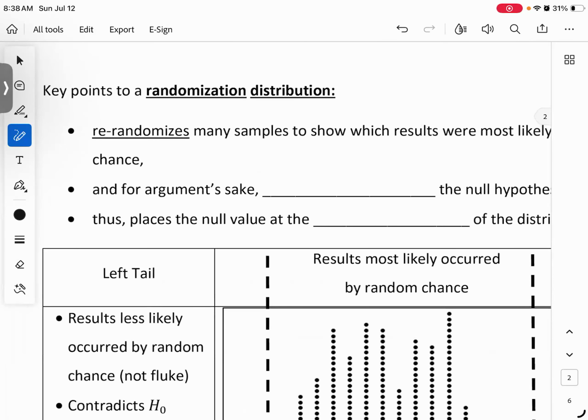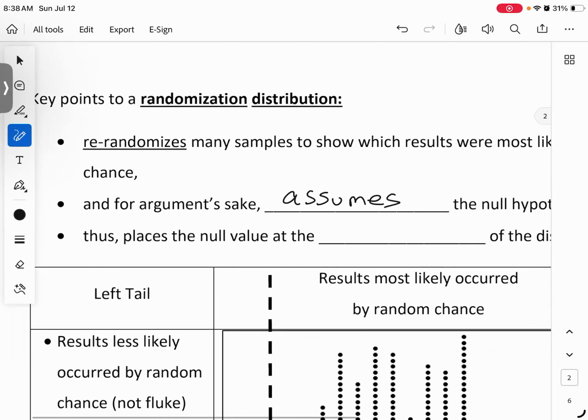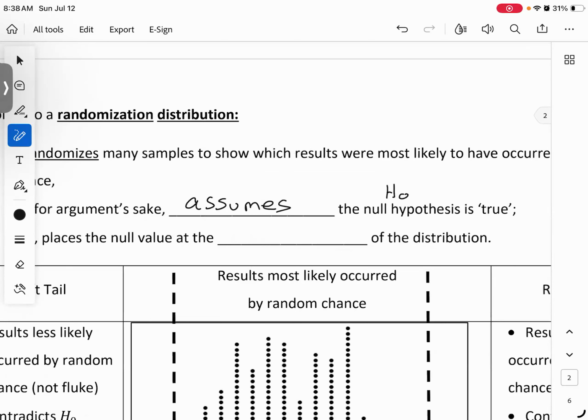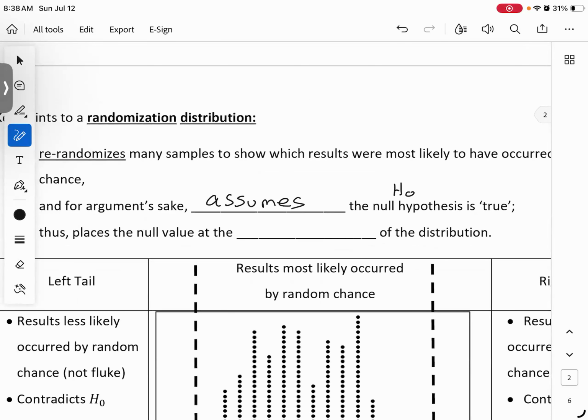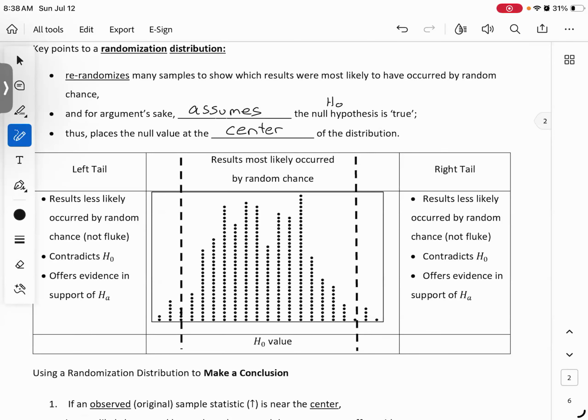So when you see one of these randomization distributions, we're not saying that the null is true. We assume that the null is true in hopes that when we do a sample, we can find something that contradicts it. Now, the null value, the thing we're trying to argue against, because we're assuming it's true, is going to be sitting in the middle as if it is true.